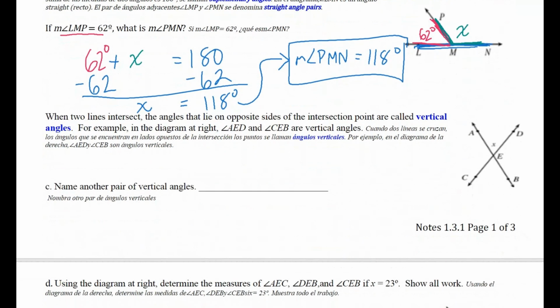Continuing. When two lines intersect, the angles that lie on opposite sides of the intersection point are called vertical angles. For example, in the diagram at right, angle AED and angle CEB, so AED and CEB are called vertical angles. Let's see if we can name another pair of vertical angles.